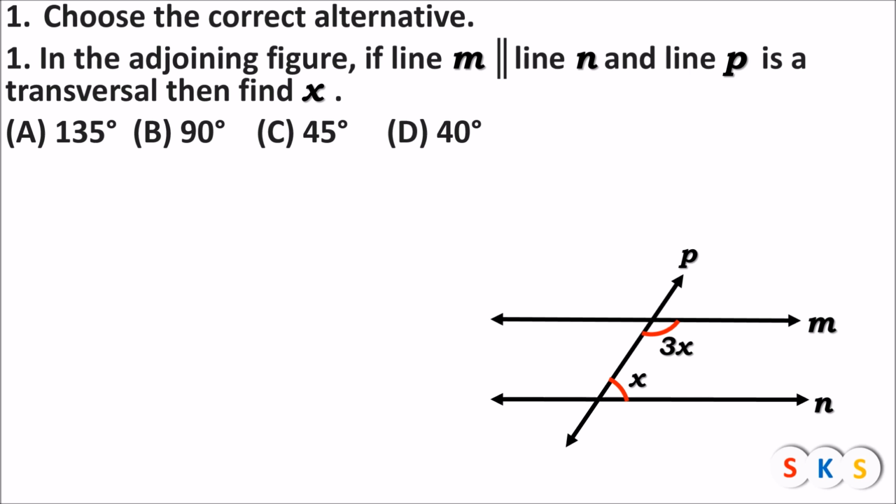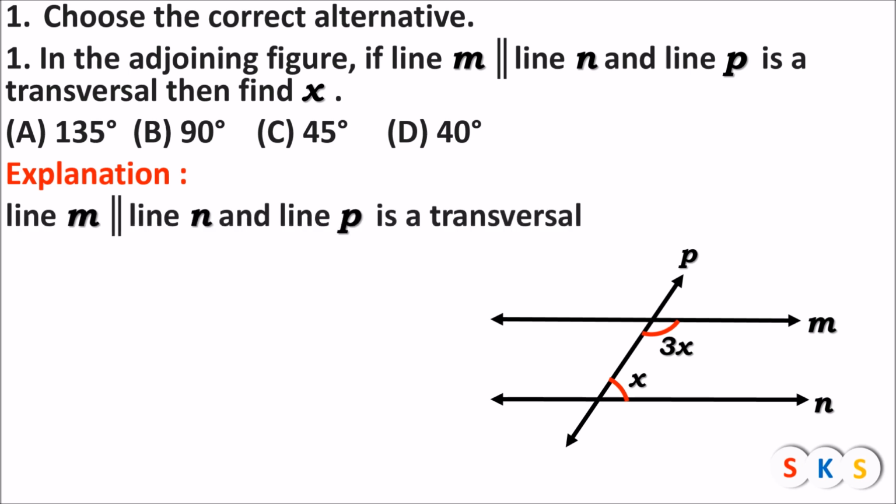So now we will go for the explanation of this question to find the value of X. In this figure, line M and line N are parallel and line P is a transversal. Look at this figure.